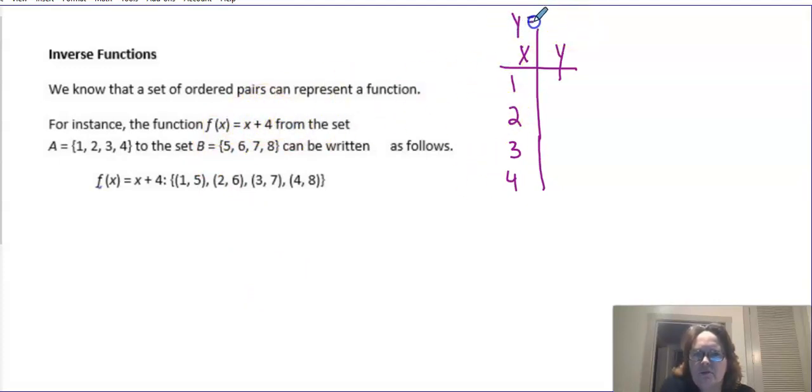If y equals x plus 4, then our table would have 5, 6, 7, and 8. This is the first set of numbers, 1, 2, 3, 4, and this is the second set of numbers, 5, 6, 7, 8. We could write that f of x equals x plus 4, and then our solution set for those particular values would look like this.